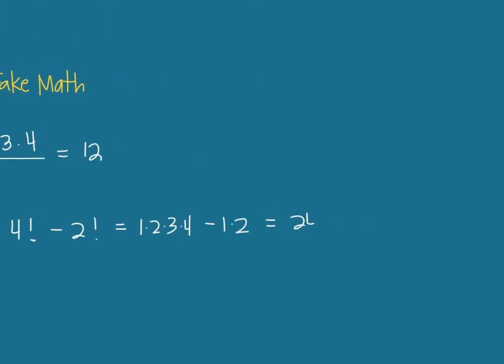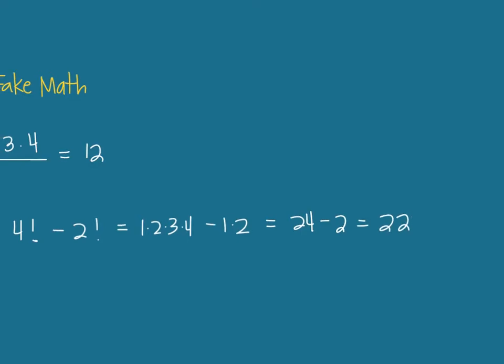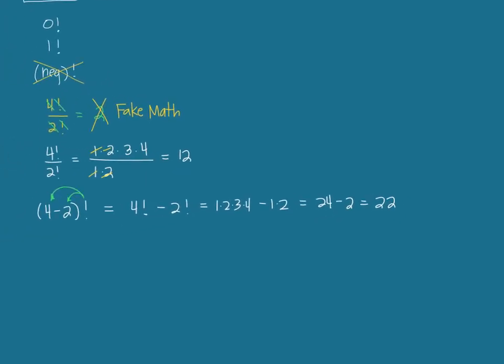That is 24 minus 2, so the answer must be 22. Again, fake math. All of that is completely fake. You cannot distribute a factorial symbol.